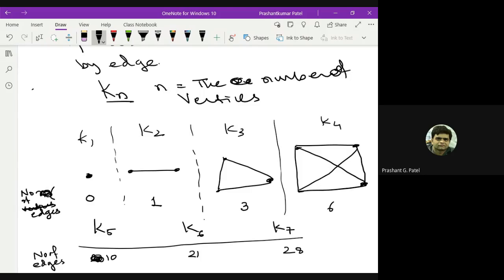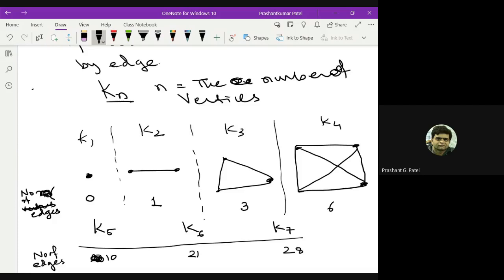And you can observe something, how I am writing these numbers. You can give me the answer to that. The definition is in front of you, and the definition itself tells you how many edges should be there. The definition tells you that every pair of vertices will be connected.